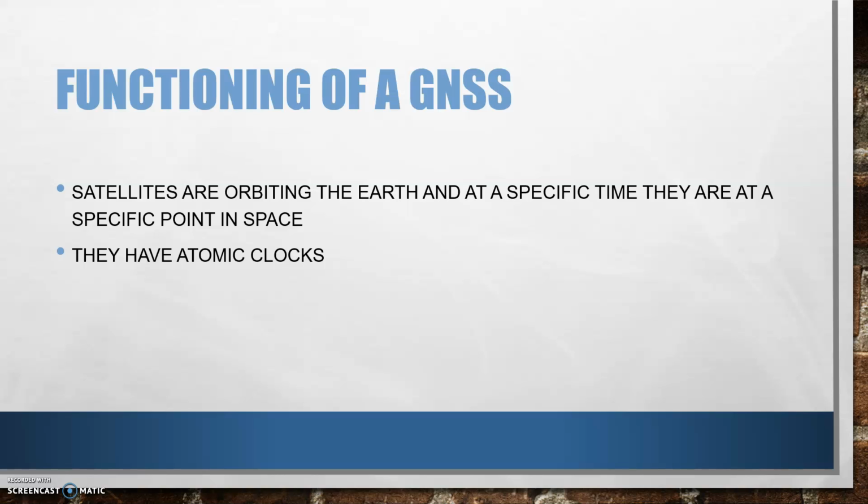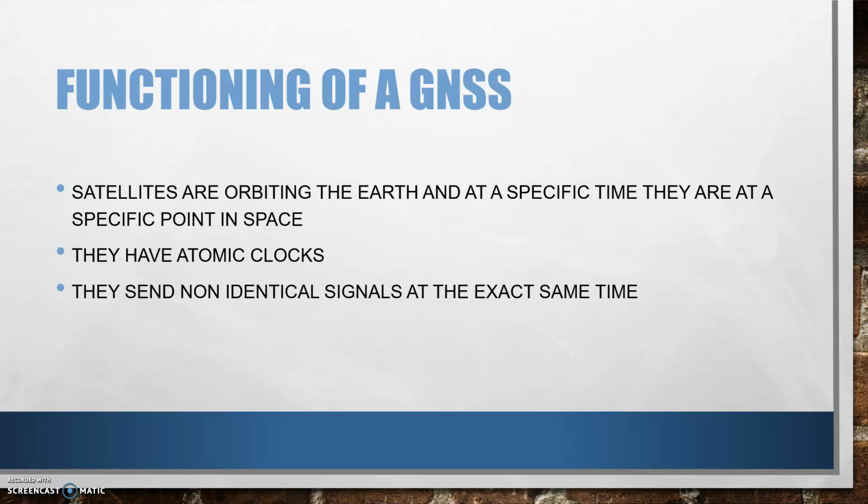If we take an example, if the receiver on Earth wants to know its location, but at the same time when the satellites try to track this specific receiver on Earth, and if there is a time difference of 0.1 seconds between the clock of the receiver and the clock of the satellite, then this would result in a location difference of around 30,000 kilometers. So that's why they need to be precise. That's why they use atomic clocks from rubidium and cesium.